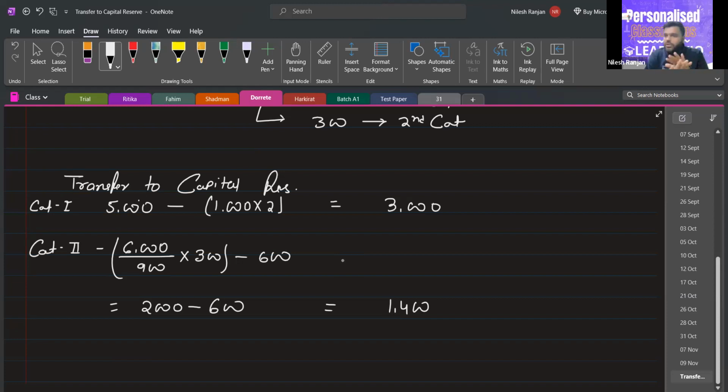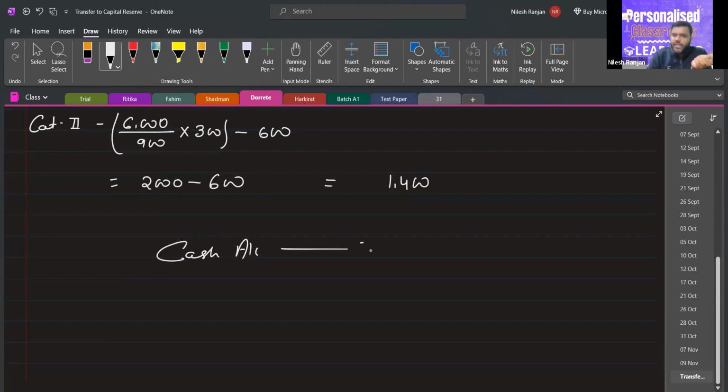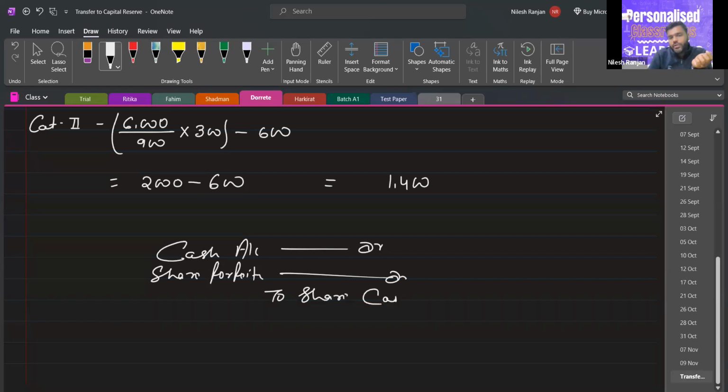After that, when all the shares are forfeited, then we will pass the reissue entry, and the entry is very simple: cash account debit, because we have issued only 1300 shares, and we have given discount also. Share forfeiture account to share capital account. So it will be 1300 into 10, 13,000, and 2,600 here.